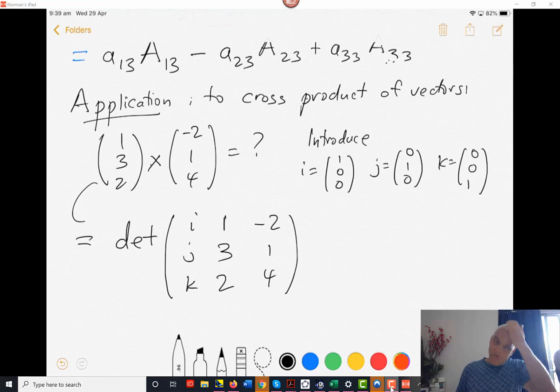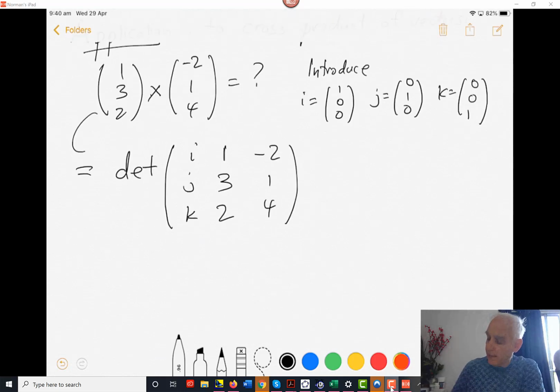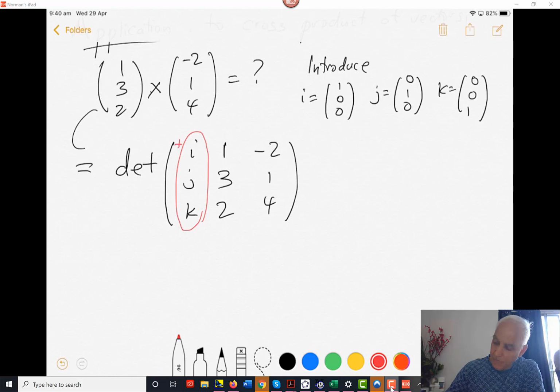Now, what do we mean by this? Well, it's just like we're expanding this. There's i, j's, and k's involved, and they are just to be interpreted as these particular vectors. So let me show you how this works. The key is to expand this out using the first column. I remind you that the signs here are plus, minus, and plus.